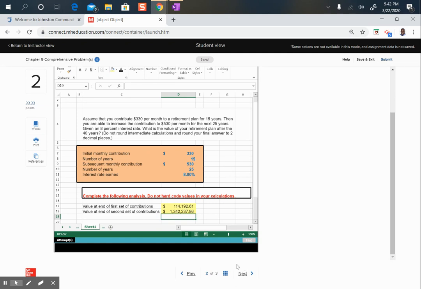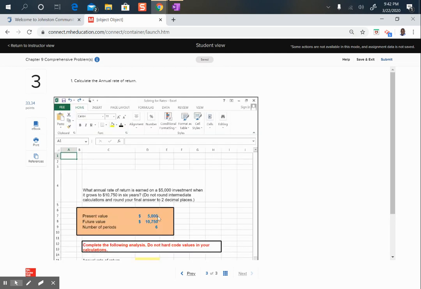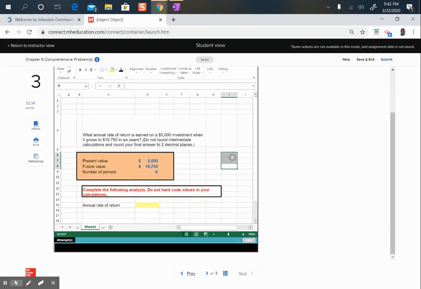Then the next problem, which I don't want to go through, but I just want to point out to you, is question 3. Question 3 is different in the sense that it's asking you to find the rate.